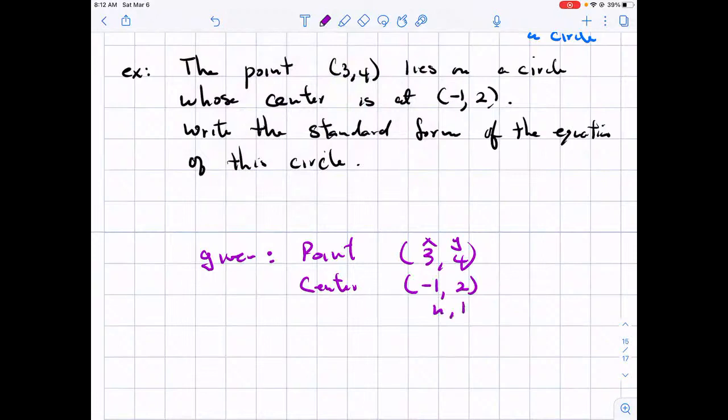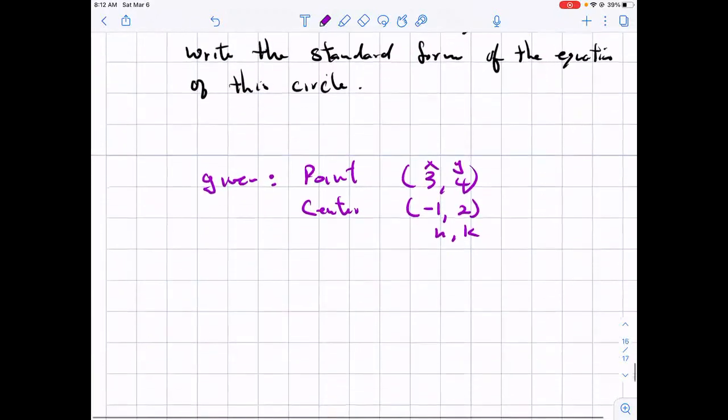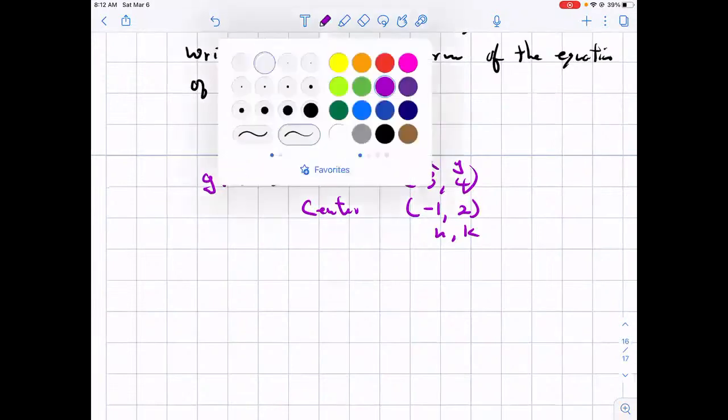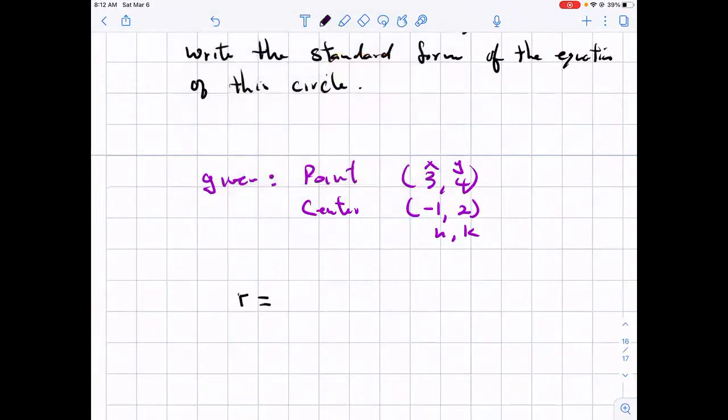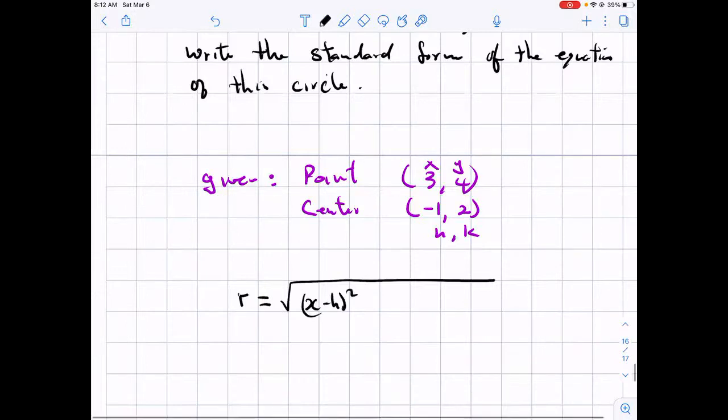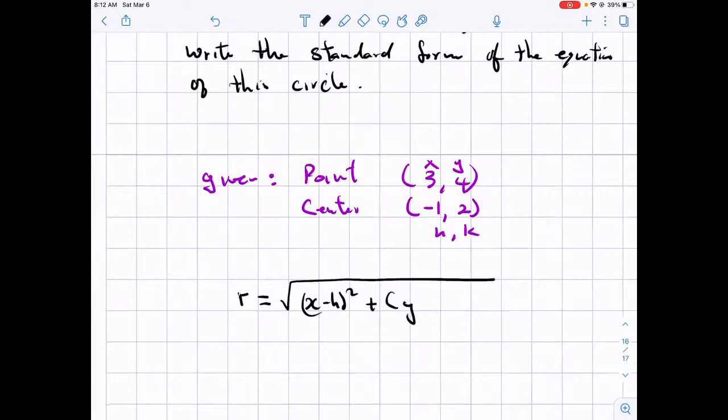So this is h, that's k. So we know that r is equal to the square root of x minus h squared plus y minus k squared.